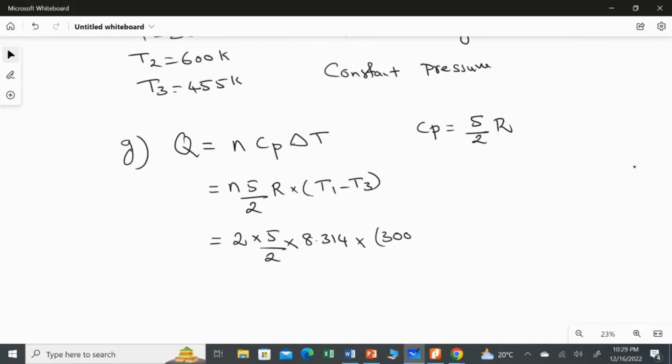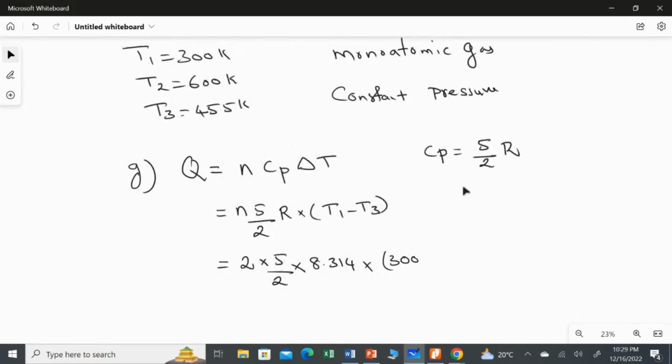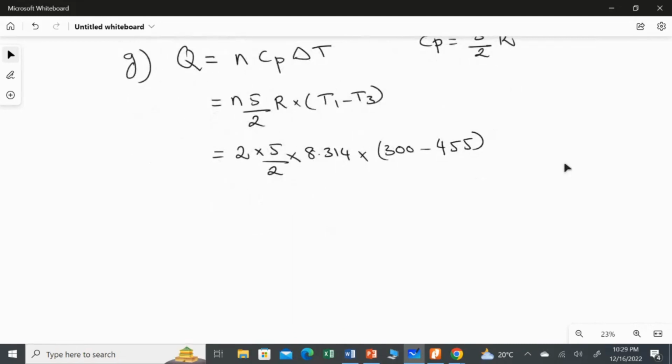T1 is 300 Kelvin and T3 is 455 Kelvin. Now I'm going to calculate. Let's see the answer for the heat energy transfer. I got the answer as minus 6.440 multiplied by 10 to the power 3 joules. So this is the answer for this part.